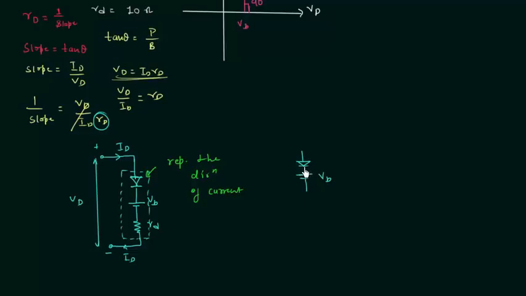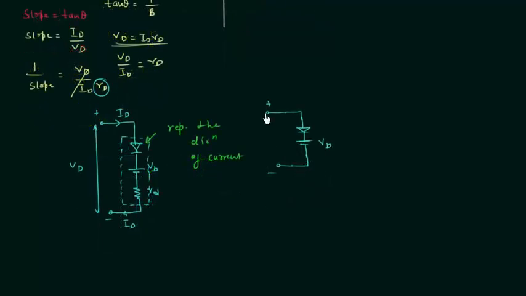First one is the ideal diode and second one is the barrier potential. We will connect P side to the positive terminal and this side to the negative terminal, and voltage across the diode is equal to VD. Current through the diode is ID.